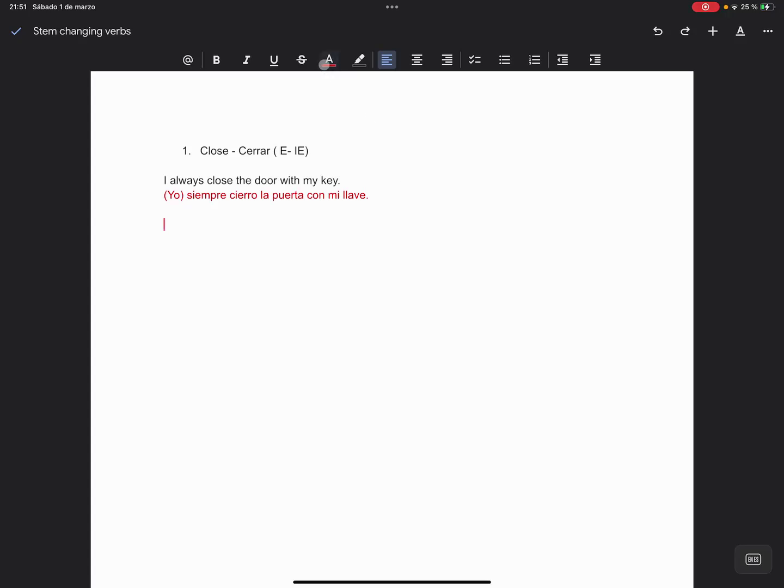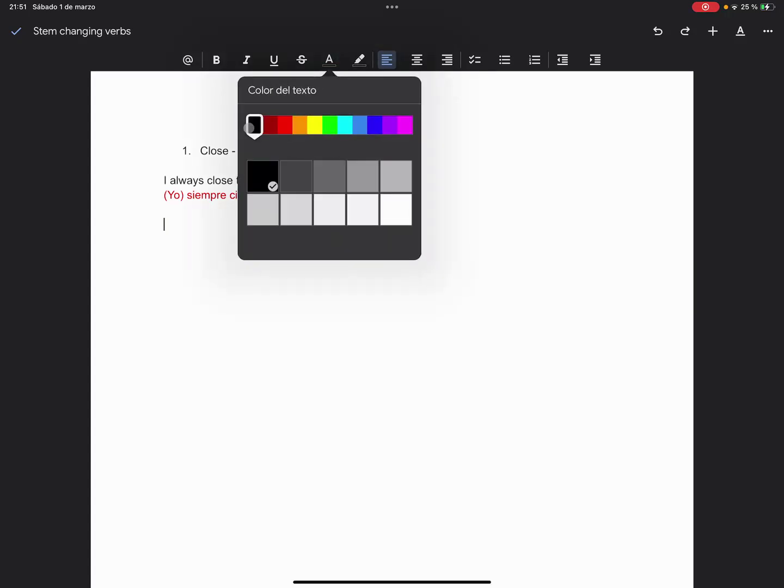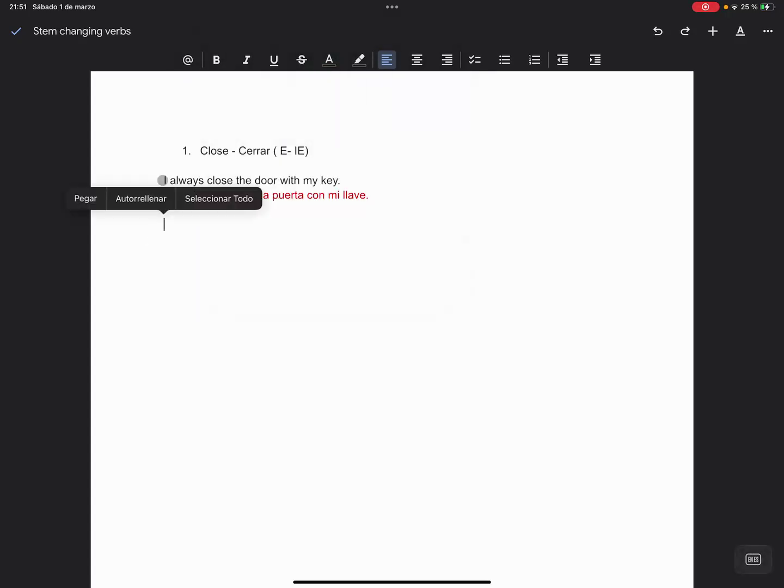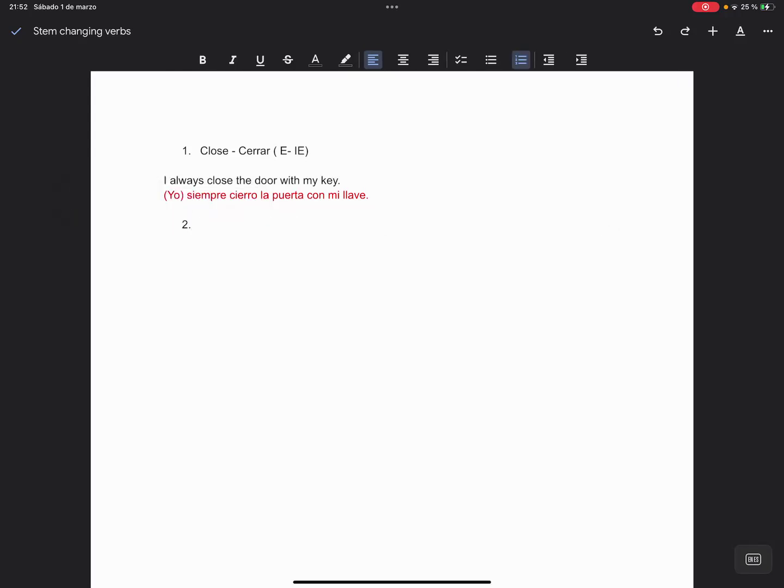Let me give you another one. Okay, I'm going to use the verb to want or to love. That is the verb querer. What happens to that verb? Exactly the same.